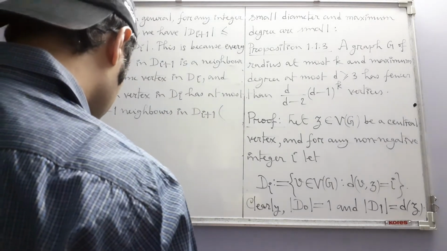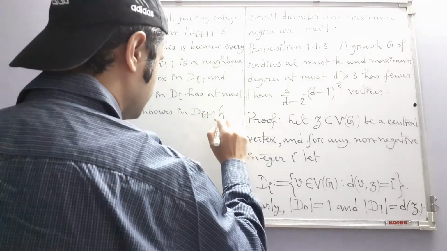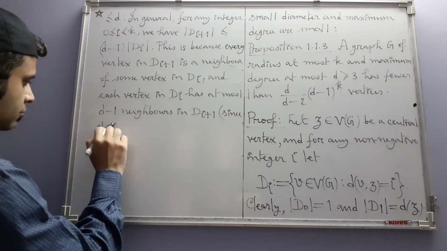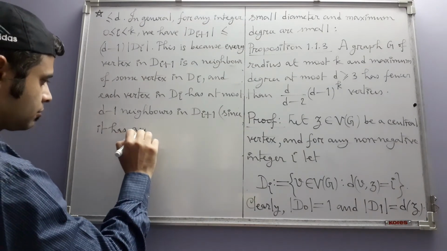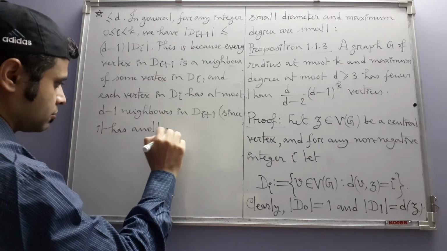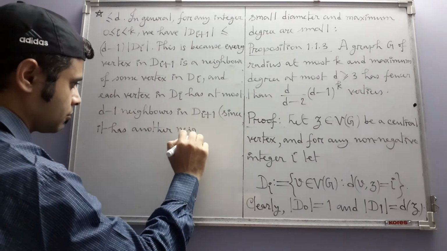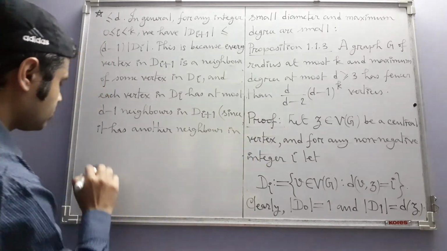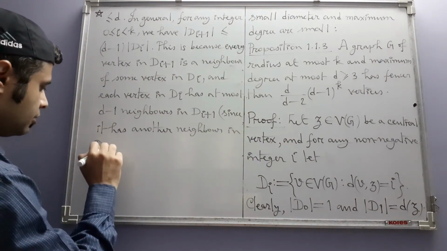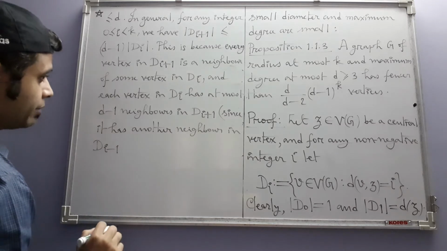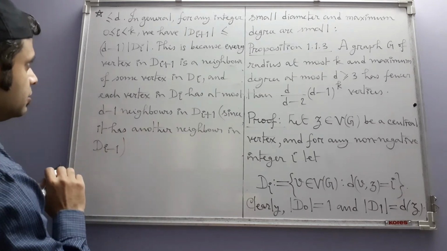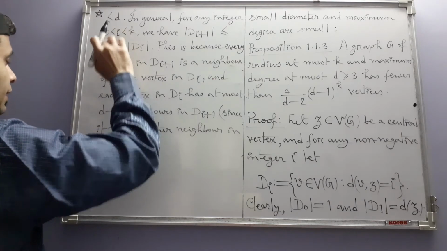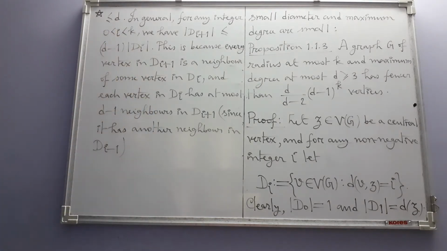Additionally, since it has another neighbor in D_{i-1}, we are mentioning i minus 1. So that means we cannot take i equal to 0.